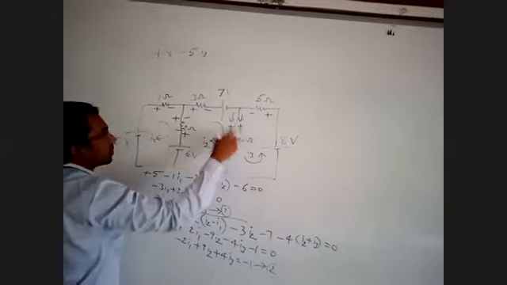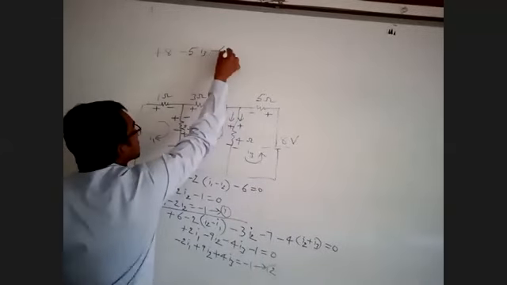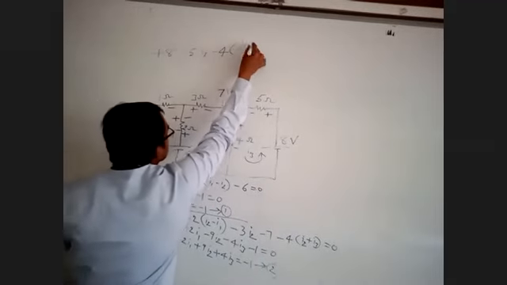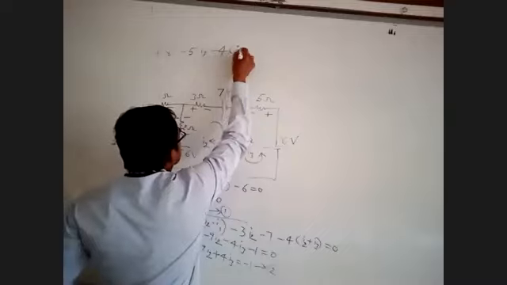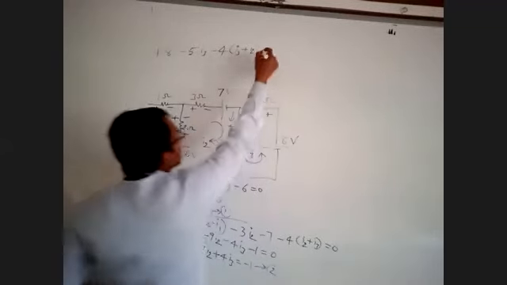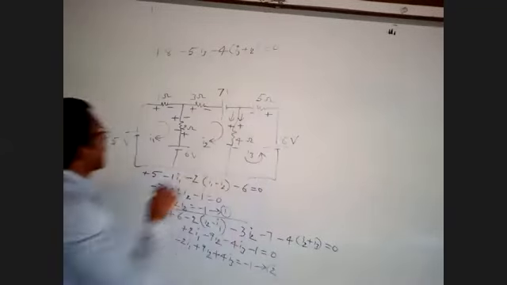I3, sir. Okay, I3. Next, I3 is going from plus to minus 4. What is the current? I3 plus I2. Completed 1, 2, 3, that is equal to 2.